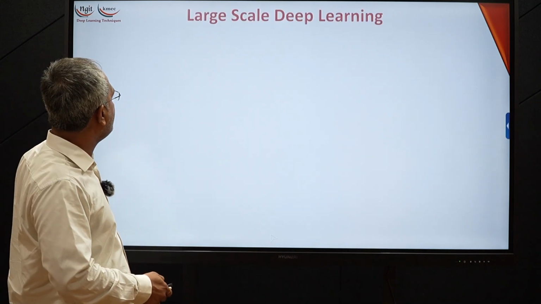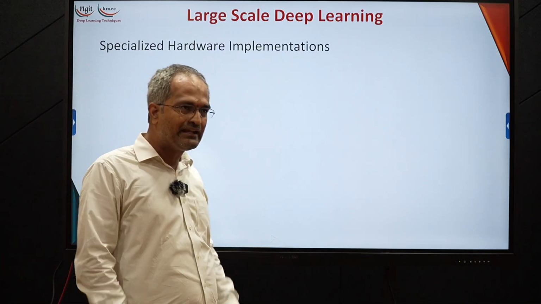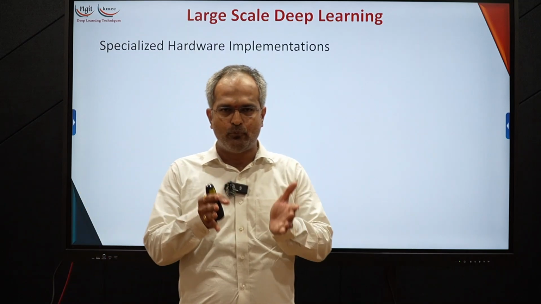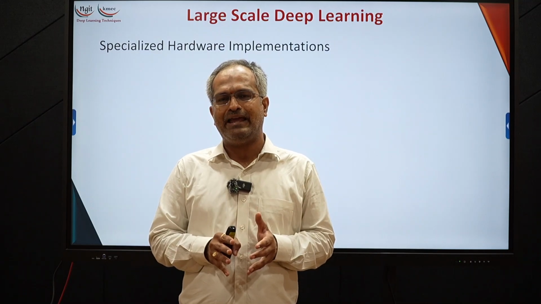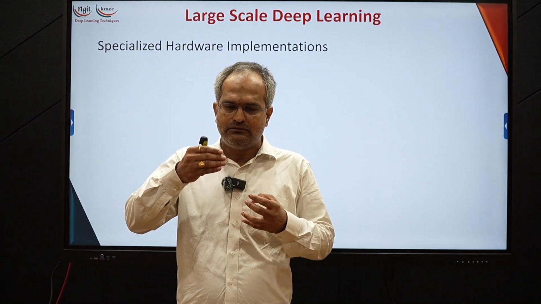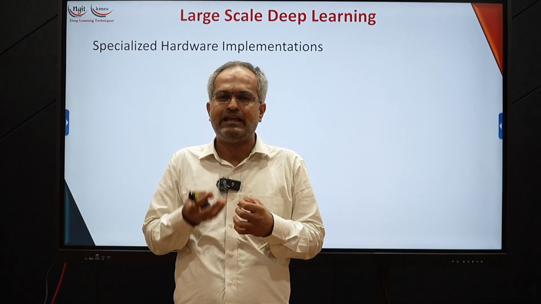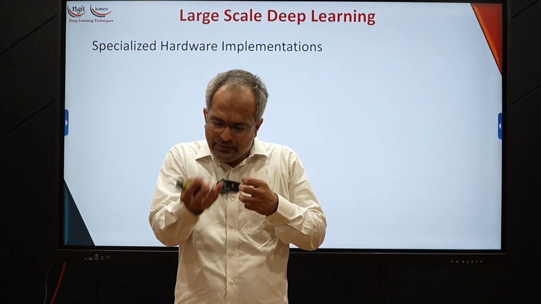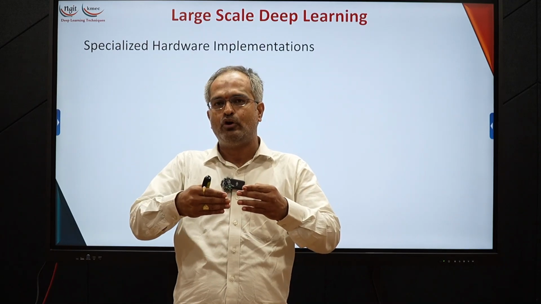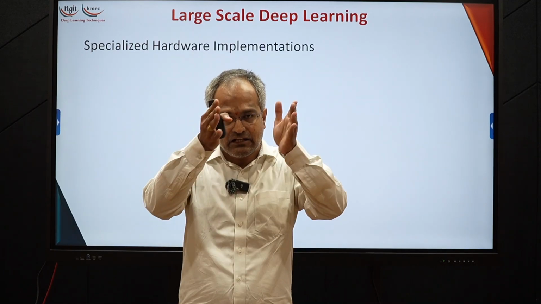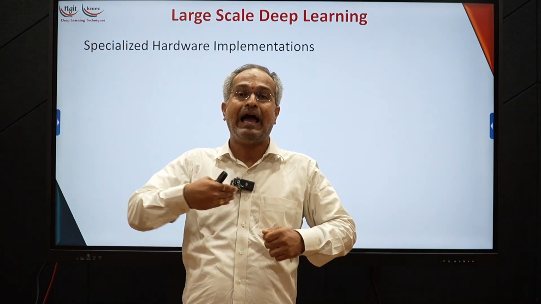Then we have to go for specialized hardware. We have some other techniques also. Let us say we have a model X; related to that model we can build a chip and place it in the machine, so that this chip is dedicated to your model and can work at high speed.